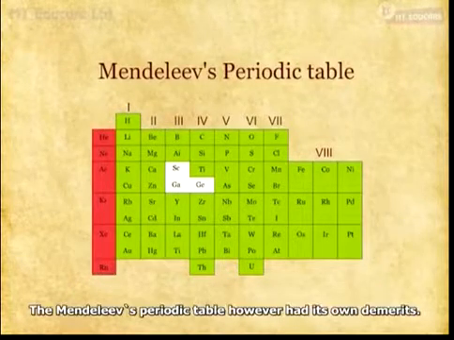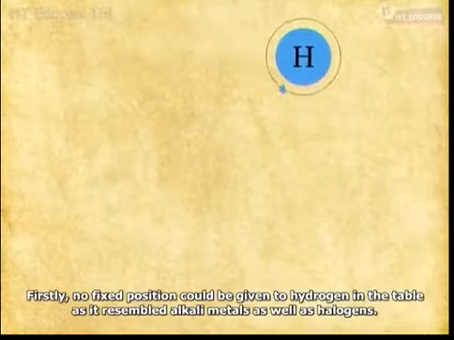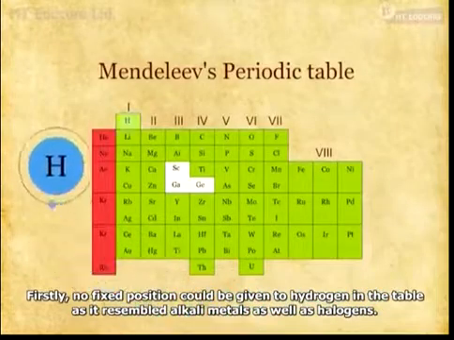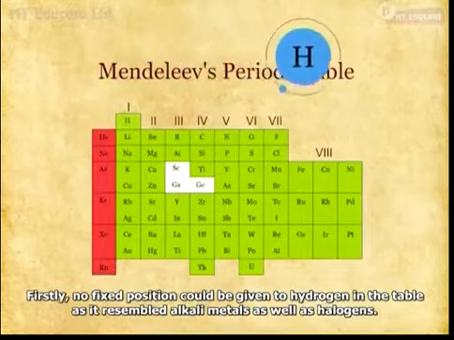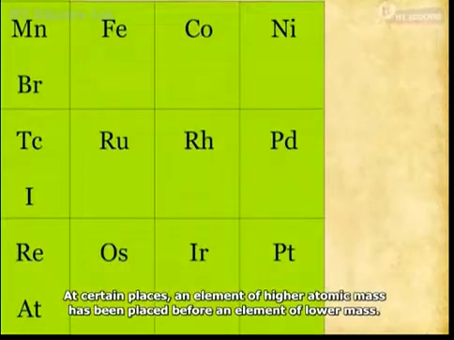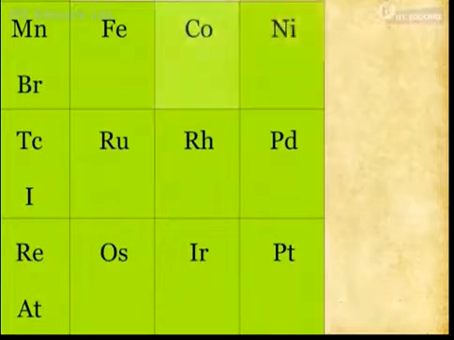Mendeleev's periodic table, however, had its own demerits. Firstly, no fixed position could be given to hydrogen in the table, as it resembled alkali metals as well as halogens. At certain places, an element of higher atomic mass has been placed before an element of lower mass.